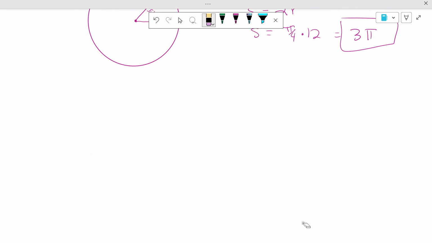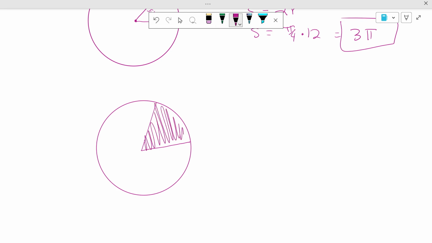Sector area. So let's say I have some pie and I ate a piece of pie. Now I cut this pie into 6 pieces.